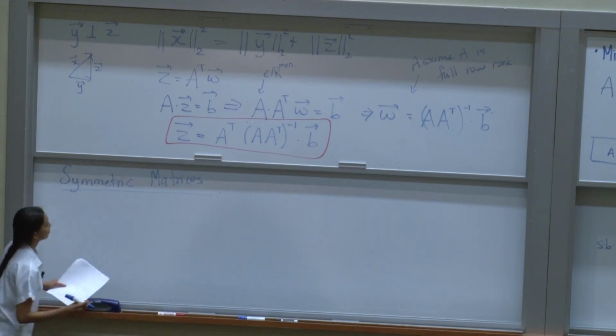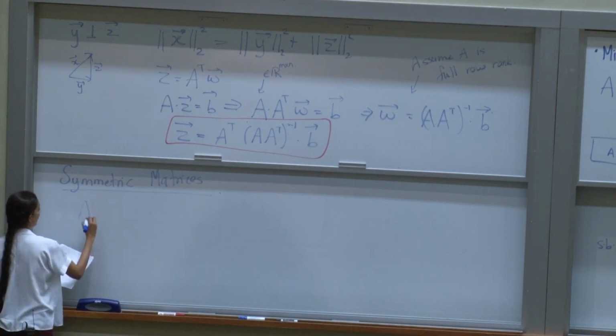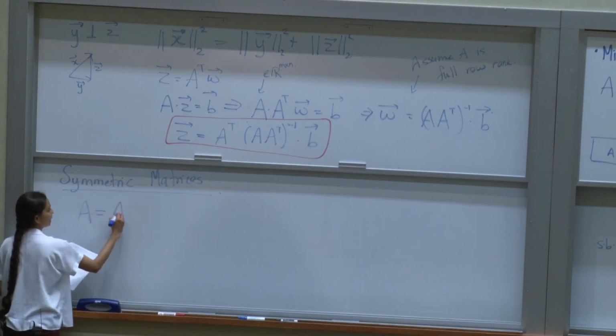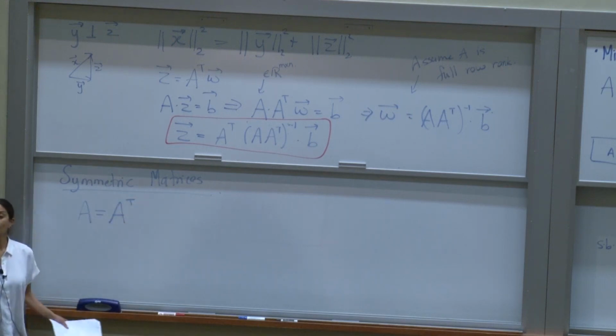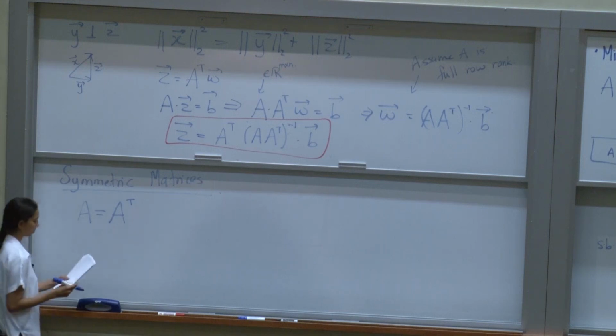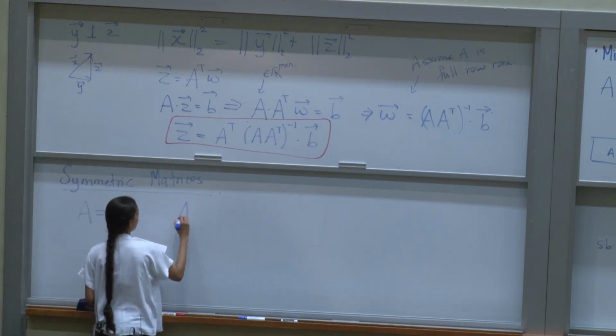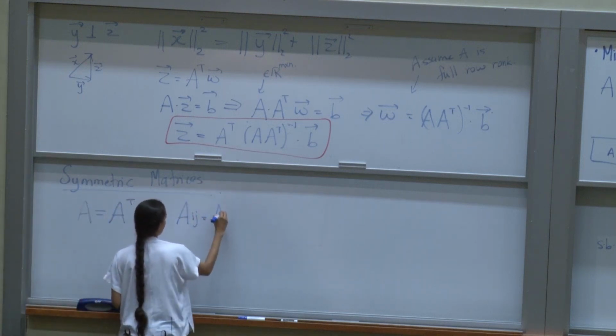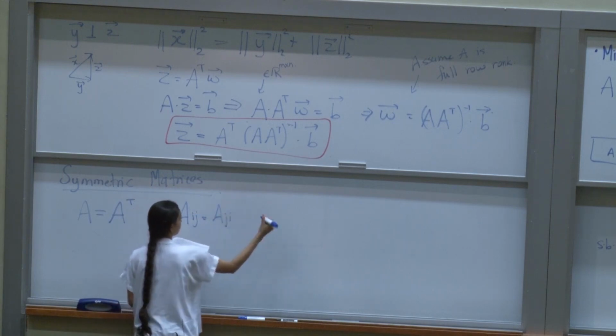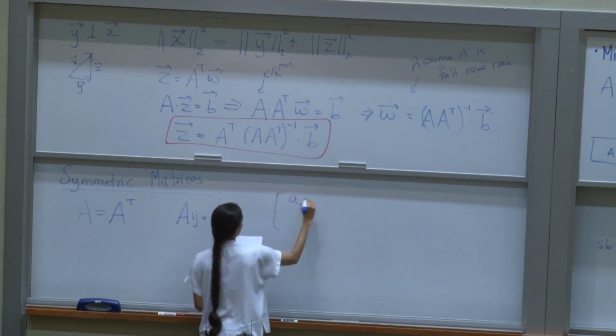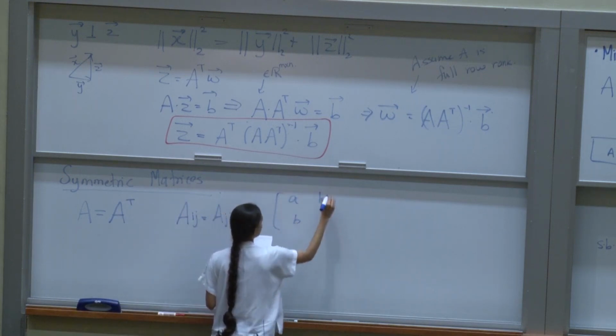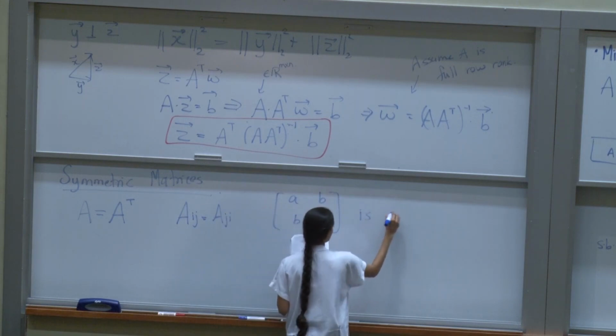So what does it mean for a matrix to be symmetric? A is symmetric if A is equal to A transpose. So are all scalars symmetric matrices? Yes, right? In general, basically you want A_ij equal to A_ji. So for example, this matrix [a b; b c] is symmetric.